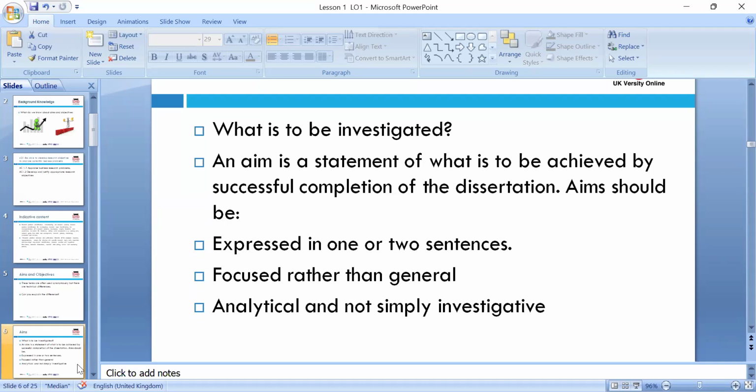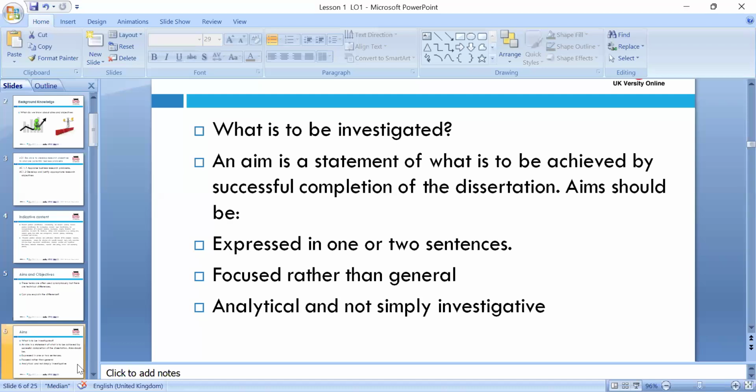So this research will also give you enough knowledge to choose the topic for your dissertation. The aim should be expressed in one or two sentences, focused, analytical, not simple, investigate. That's what we need to look at.